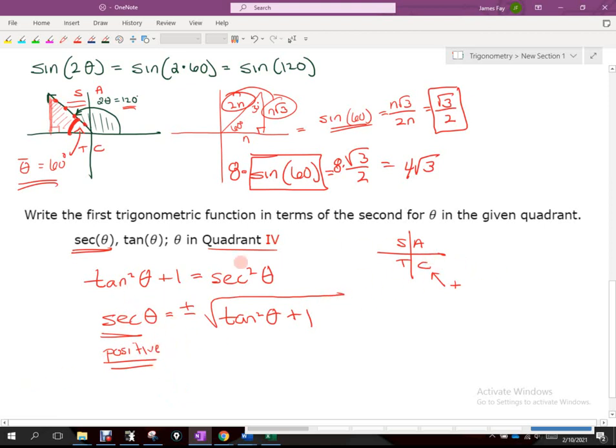Cosine's positive, so is secant. So if secant's going to be positive in the fourth quadrant, what kind of number does that have to be? We also want that to be positive, right? Because if it's not positive, then that equality would not exist. They'd be opposites. So we want the positive version. So secant theta equals the square root of tangent squared plus 1.